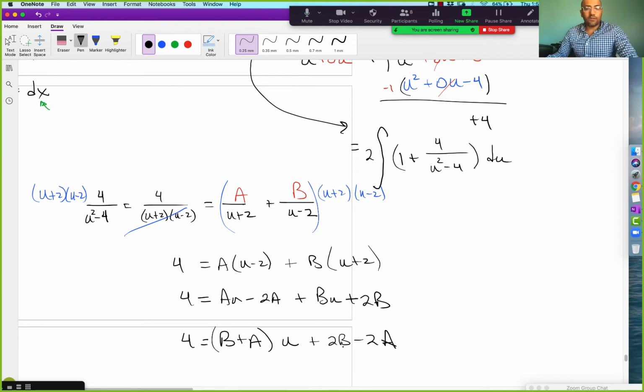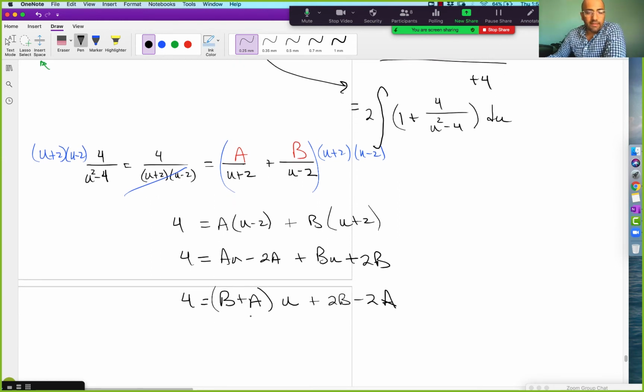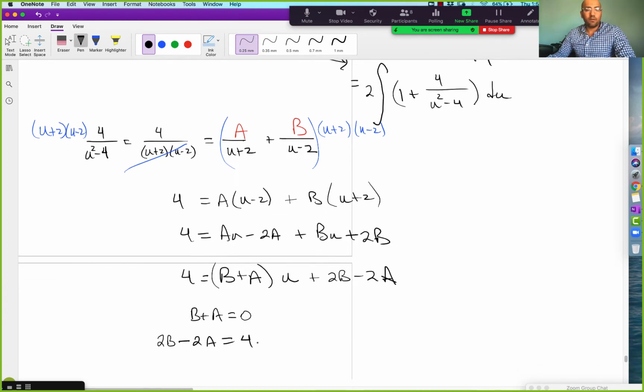All right, so from here we can conclude that B plus A must be 0, since there are no powers of u over there. And we must conclude that the 2B minus 2A part must be 4.